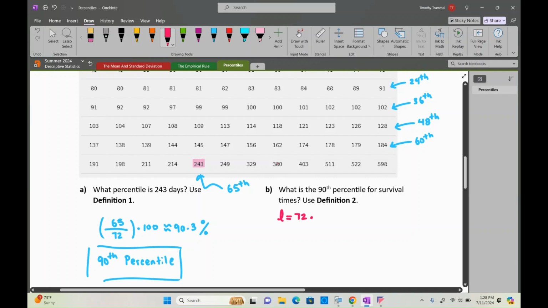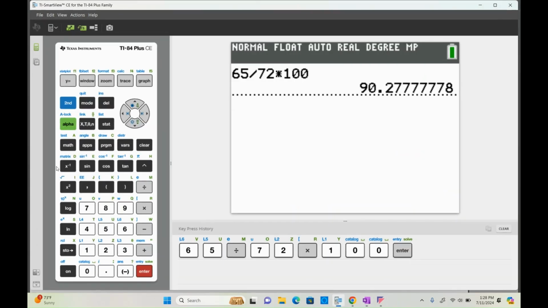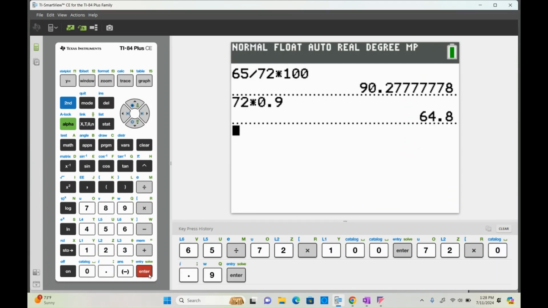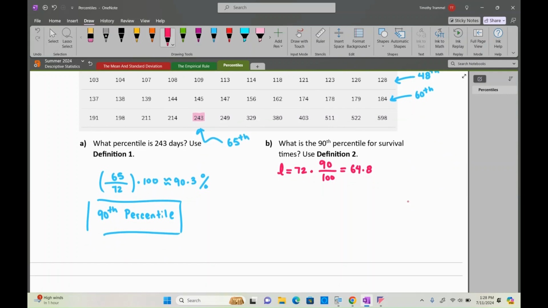Then we multiply by P over 100, which is really just 72 times 0.9. So we're getting 64.8. Let's record that. And according to definition two, when we get a decimal, we want to round this up.